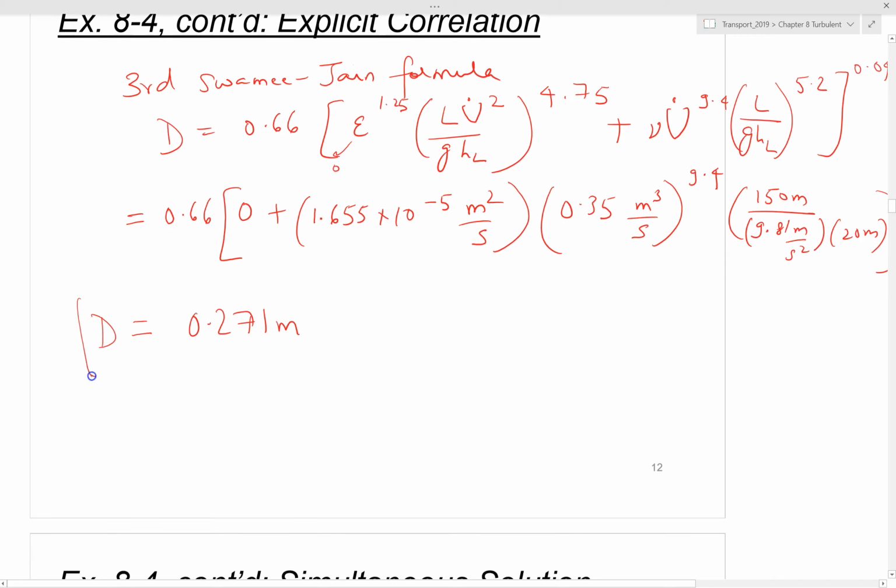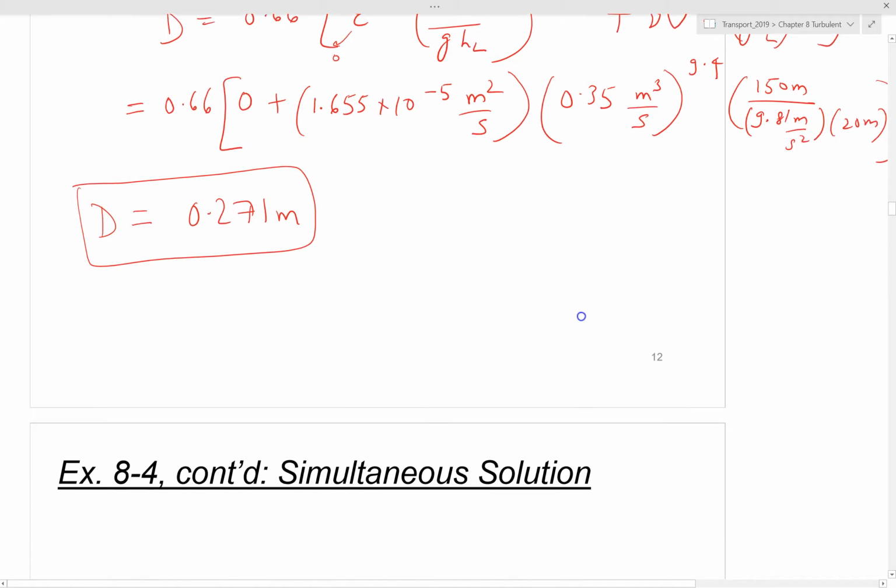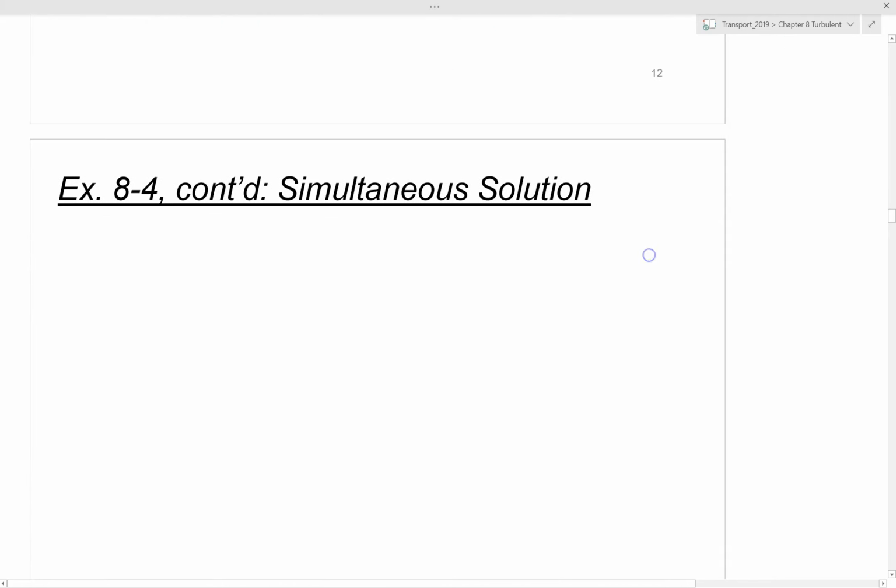Okay, so this is one way to do it. Feel free to do it, but I also want to show you the simultaneous solution, which is essentially starting off with your foundational equation, which is the form which you saw.